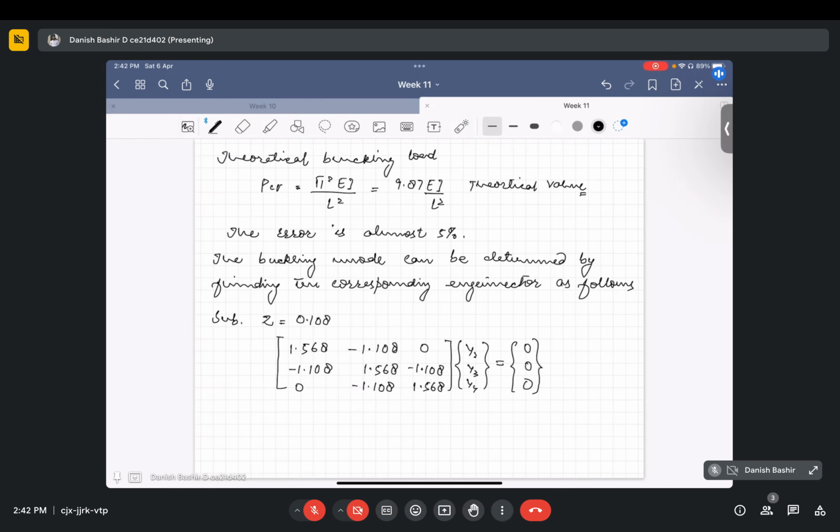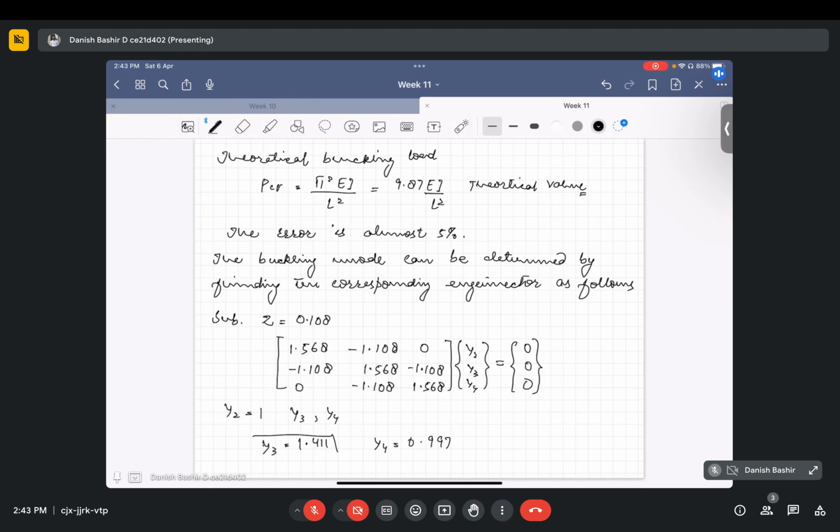So for this, arbitrarily we will select y2 equal to 1 and solve for y3 and y4. When we put that in, we get y3 equal to 1.411 and y4 equal to 0.997, and y1 and y5 are already equal to 0.